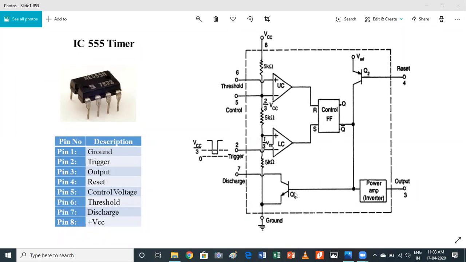So the Q1 transistor is called the discharge transistor and the Q2 transistor is the reset transistor. Okay, then an inverter power amplifier is available on the output side of the timer IC.